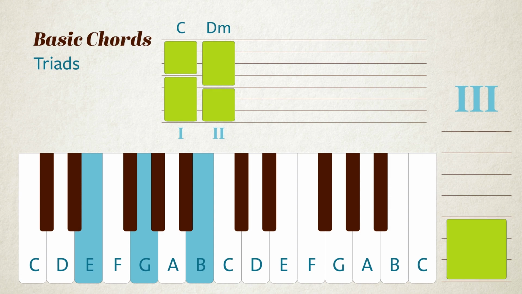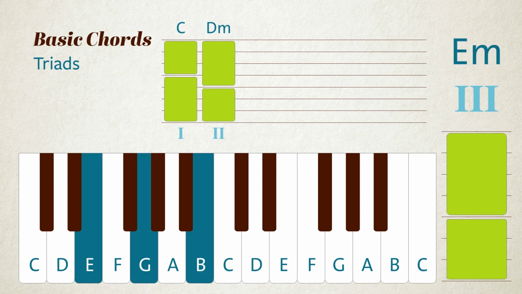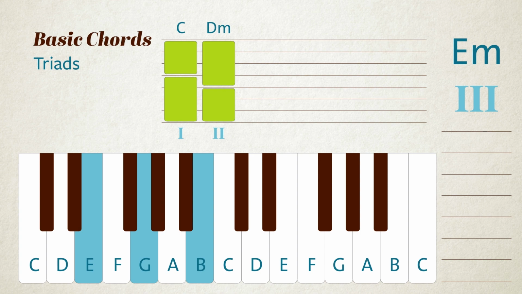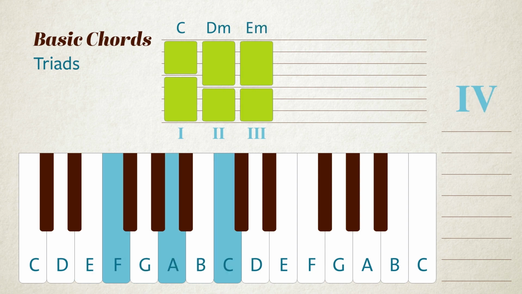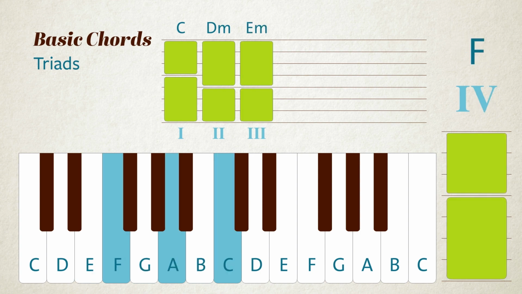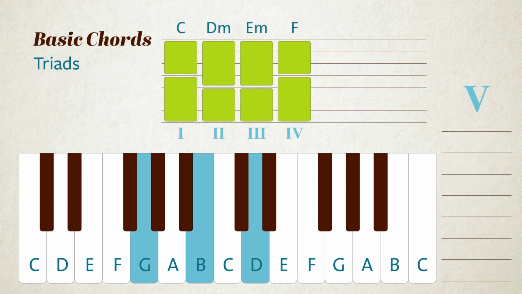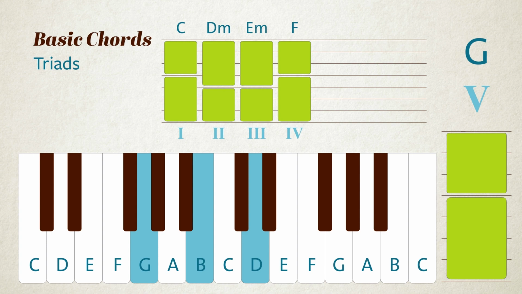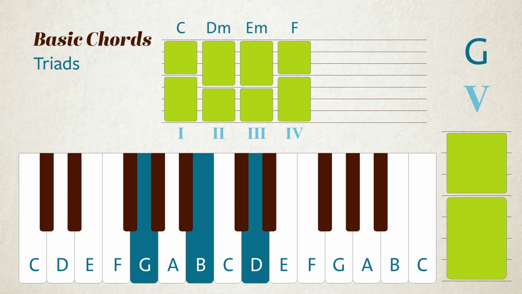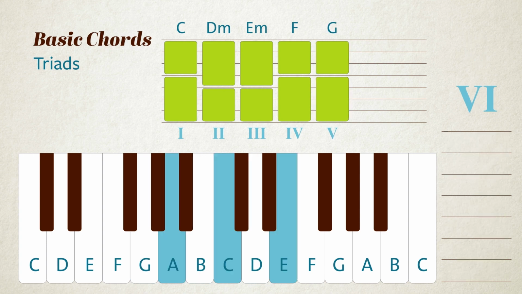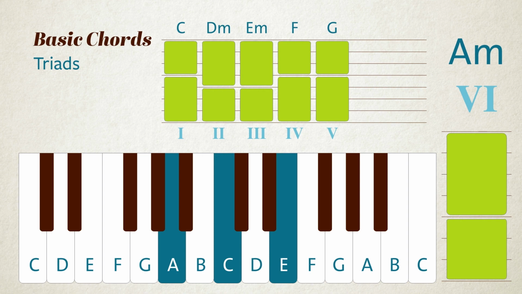A minor third on the bottom, reaching a perfect fifth in total, so it's E minor. Chord 4 is major, just like chord 1, that's F major. Chord 5 is also major, in this case G major. Chord 6, well, that's built on a minor third, so that's a minor chord, this time A minor.